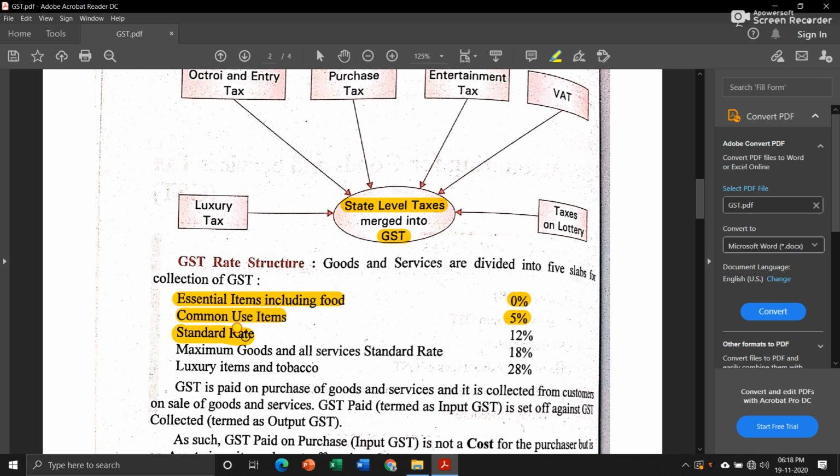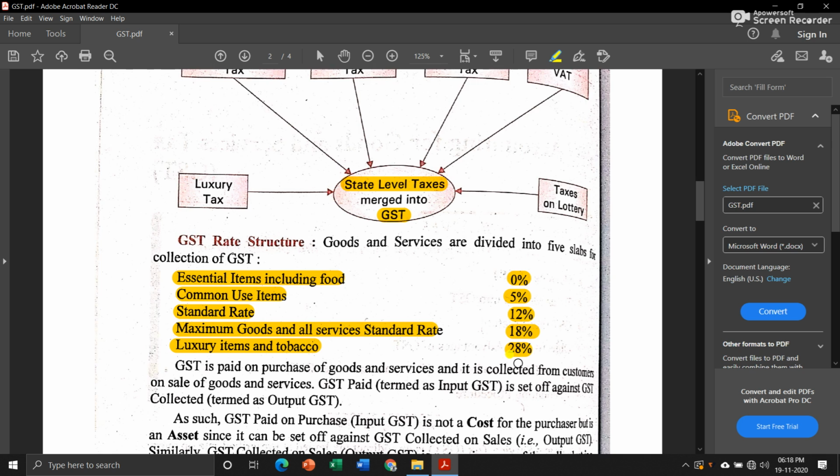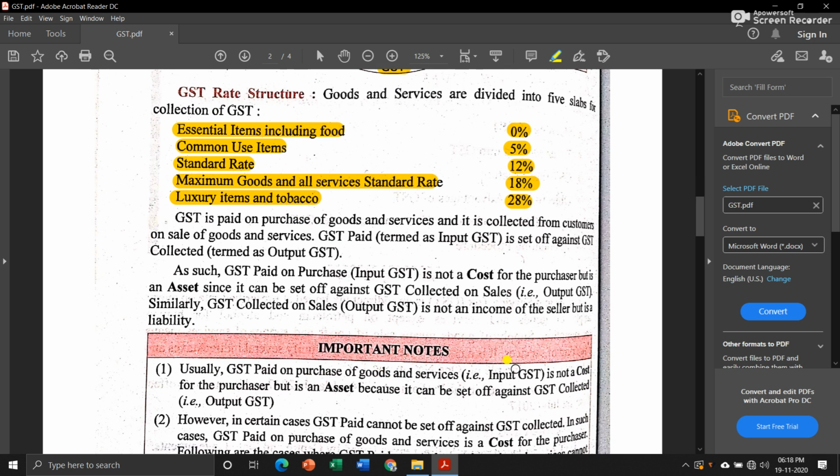Then the standard rate is 12%. Then most of the goods and all services have 18% GST. And all luxury items and tobacco come under the highest rate of GST, that is 28%.